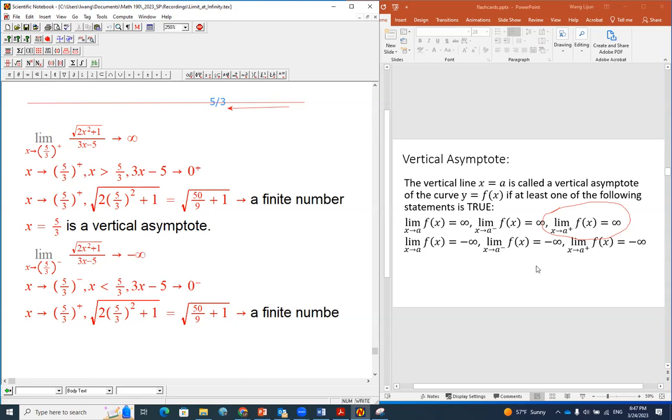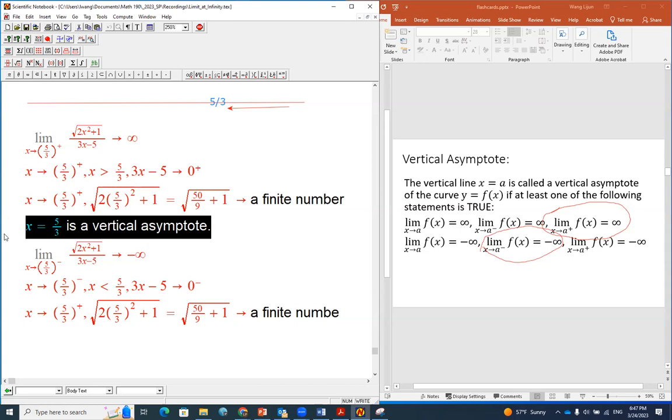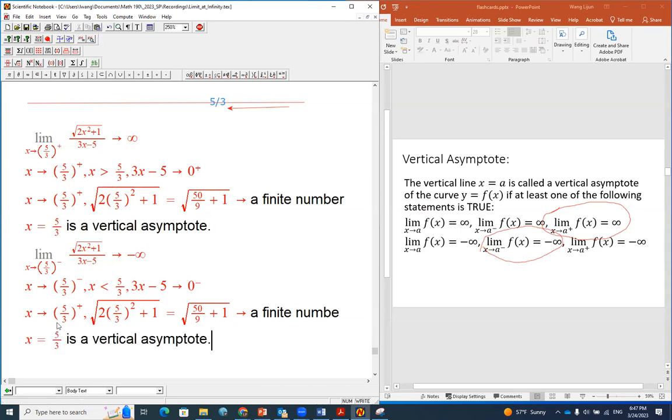So by definition, this time, this piece applies. And therefore, we can say x equals 5/3 is a vertical asymptote because both conditions are satisfied.